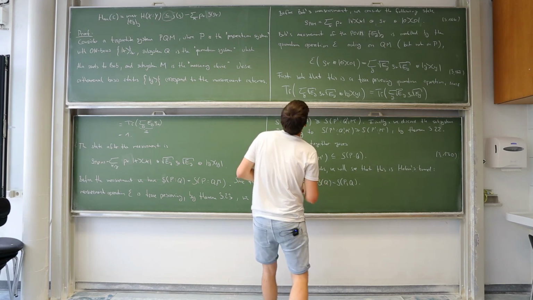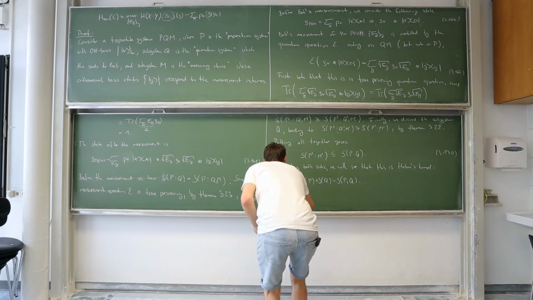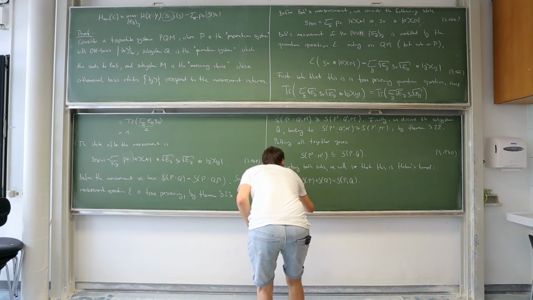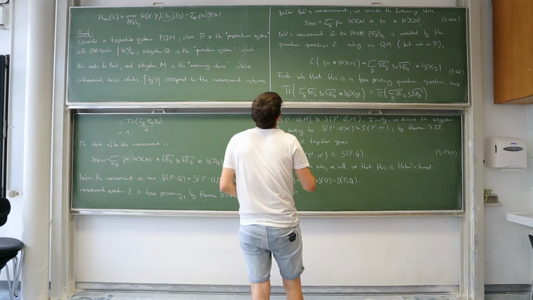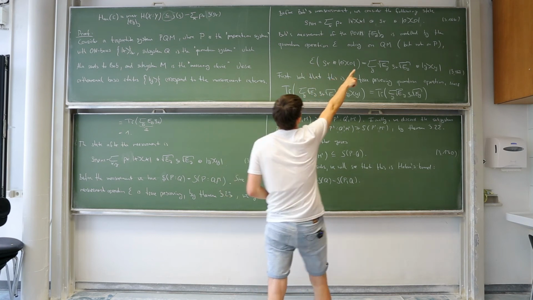Okay, so this we can easily calculate. First let's calculate rho of P and Q. We have to trace out the subsystem M. This is easy to trace out.